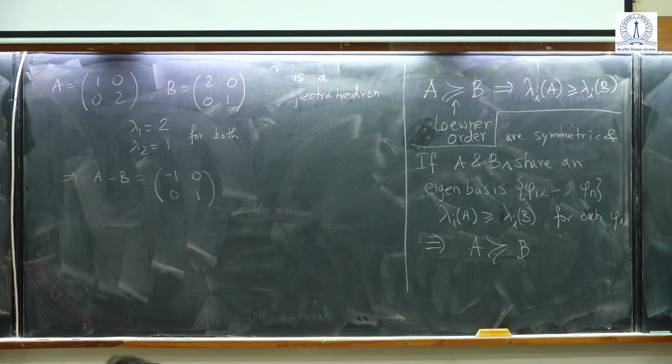Okay, so this is exactly the problem of minimizing the sum of the weights, subject to the condition that the weighted Laplacian is bigger, in this lower order, than I minus 1 over n J, and we have w greater or equal to 0.